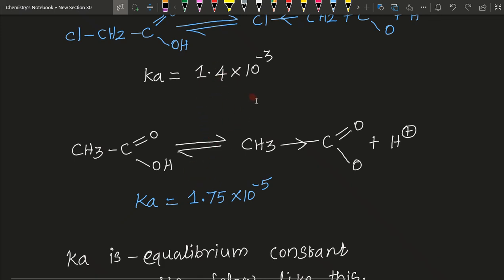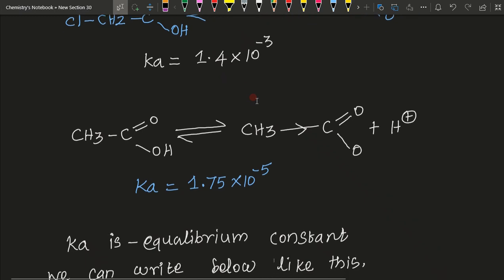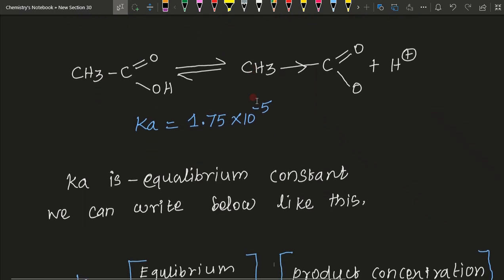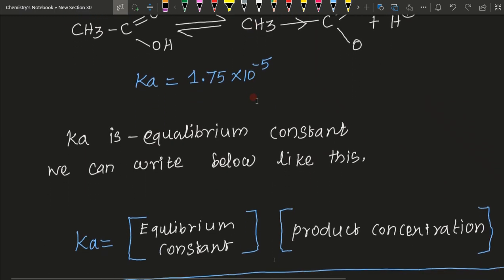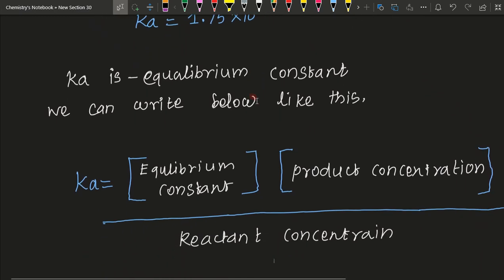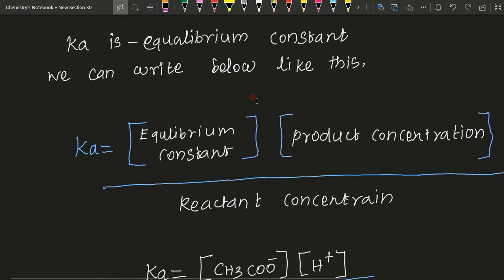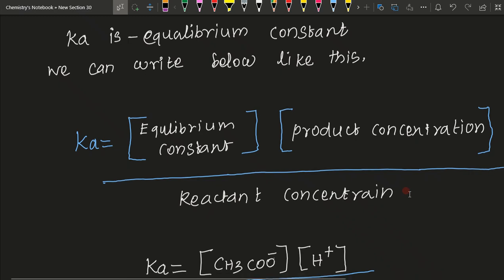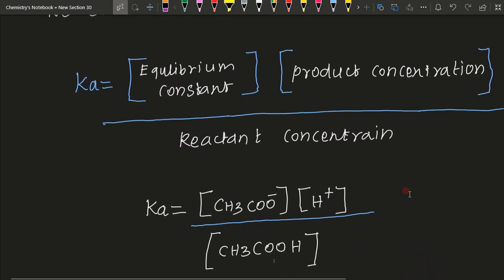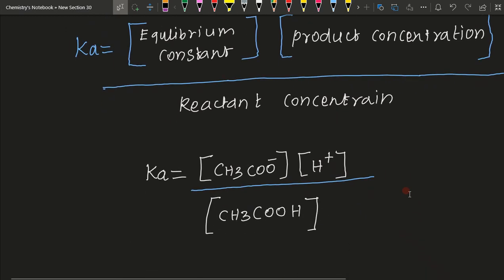These both values are experimental data. Here K is the equilibrium constant. We can write below like this: Ka equal to equilibrium constant, the product concentration divided by reactant concentration. We can see below Ka equal to CH3COO minus plus H plus divided by CH3COOH.